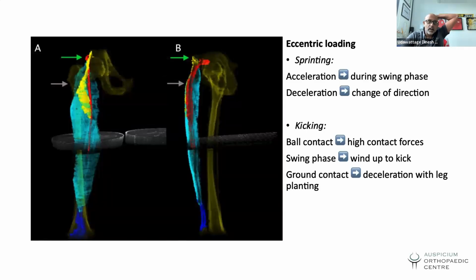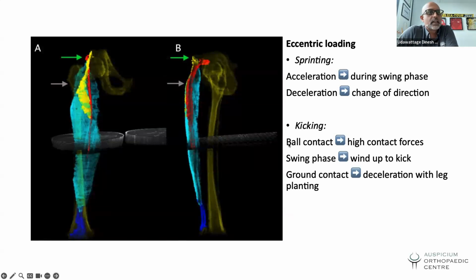So typically, it's either from an eccentric loading of the rectus femoris muscle that happens either during sprinting or when they're kicking the ball. In sprinting, it's usually during acceleration, in the swing phase of the movement, or in the deceleration when there's a change of direction and they're planting the foot and suddenly pushing off to go in a different direction.